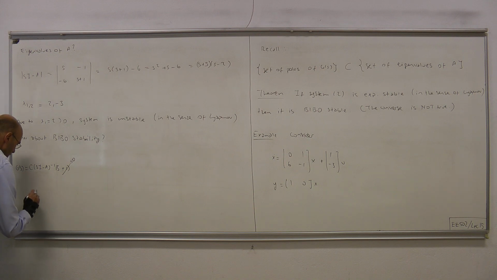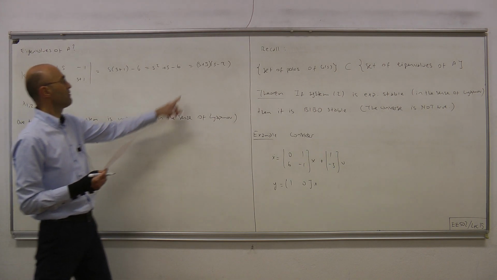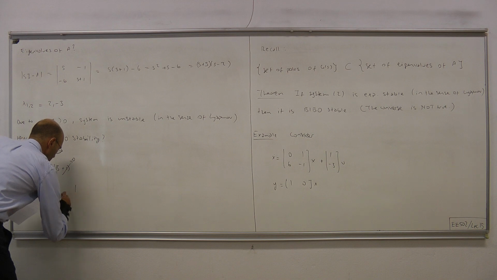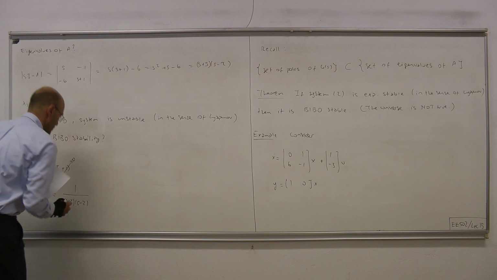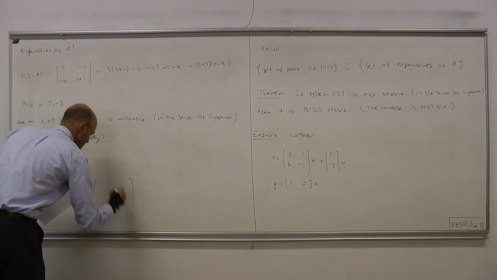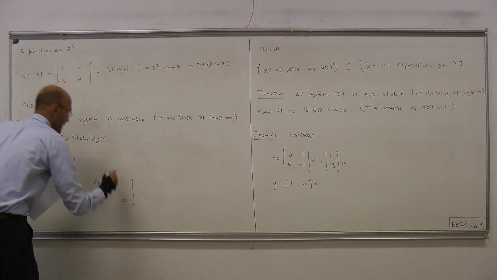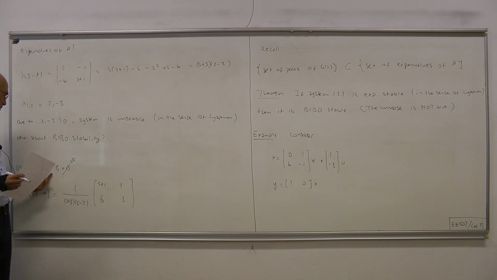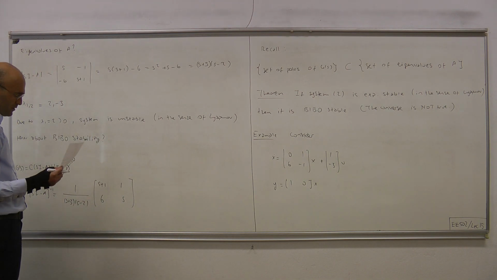And (sI minus A) inverse equals the adjugate of sI minus A over the determinant of sI minus A. Therefore, we can simply write 1 over (s plus 3)(s minus 2), okay, 1 over the determinant times, okay, swap the diagonal terms and negate the off-diagonal terms. So that's our (sI minus A) inverse. Okay, multiplying that matrix from left and right by C and B respectively, that will give us the transfer function.